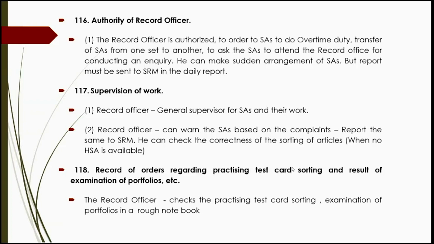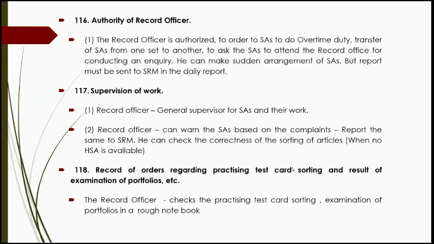Like if they are receiving repeated complaints regarding the work of a particular sorting assistant, like the punctuality or the general nature of work, like correctness, if required, a record officer can issue a warning. But again, that is an authority and it has to be reported to the superintendent of RMS, SRM. So general supervision, the record officer can do.